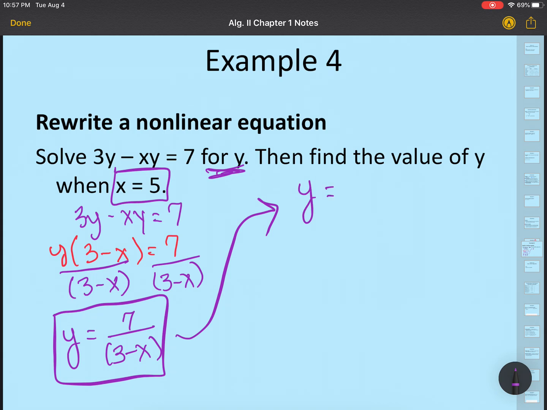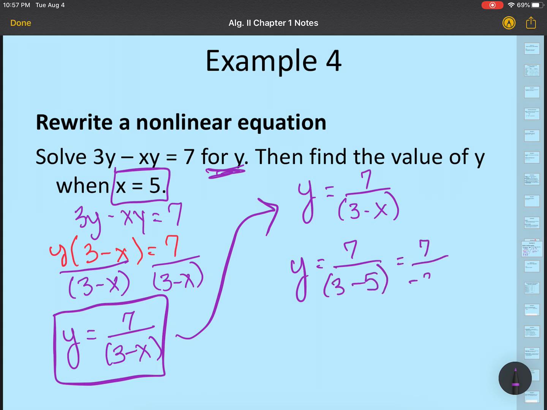So if I rewrite it again, my rewritten equation, I'm plugging in 5 for x, and 3 minus 5 is negative 2, so I got y equals 7 over negative 2, which is really negative 3.5. Again, you could plug that back into y and get that x plugged back in there too, and it should check out to get 7.